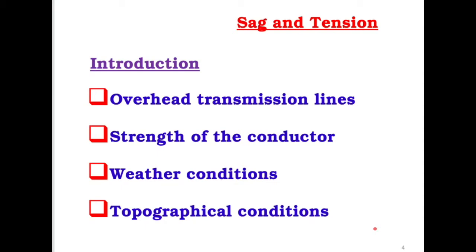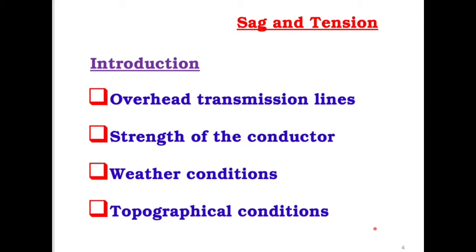Nowadays, when you are planning a new one, it should not be through the city. It should be outside the city. So sag and tension are related to overhead transmission lines that carry the power transmitted from the sending end to the receiving end.